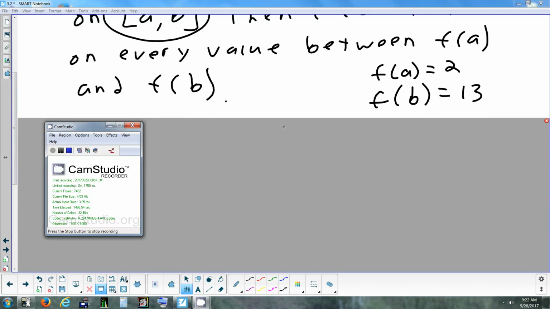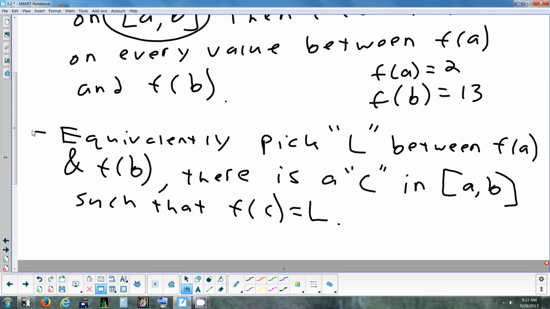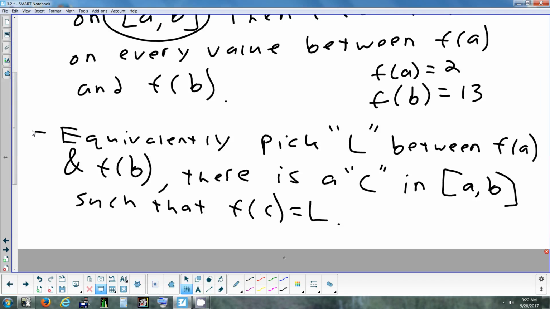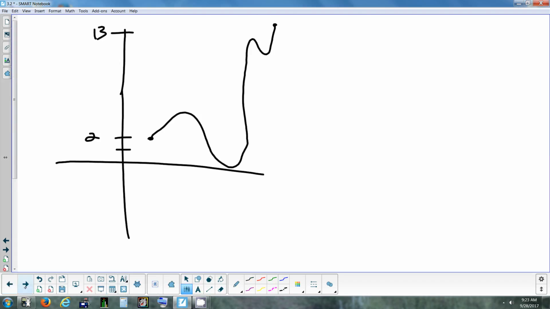If you want another way to word it, you could word it this way. What this is saying is that if you have a closed interval between A and B, then you could pick any number you want, L, between f of A and f of B. So going back to my example, pick a number between 2 and 13, 7.